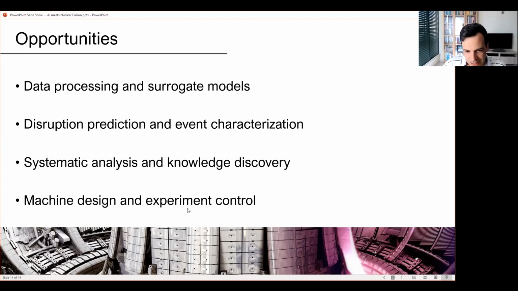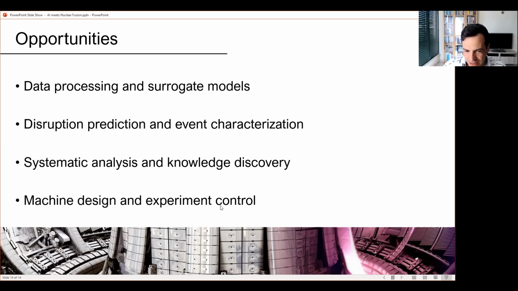Another idea that some people are putting forward, but I think it's a little bit too far-fetched, is to use AI techniques, for example reinforcement learning, to take over the control of the experiment itself.